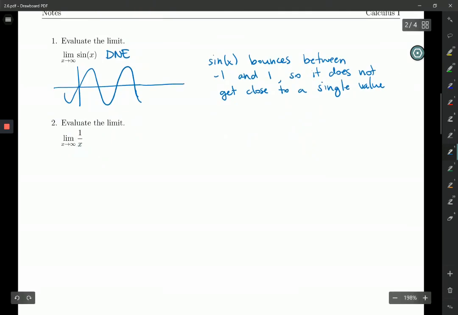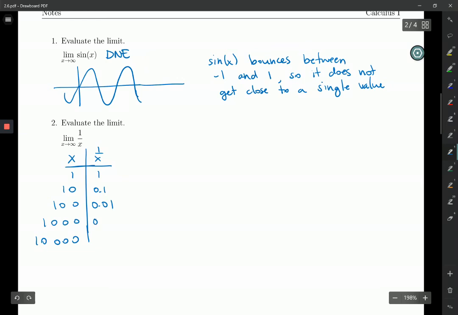Okay, here we have the limit as x goes to infinity of 1 over x. We could look at a table of values to get an idea of what's going on here. So let's take some values of x, like 1, 10, 100, 1,000, maybe 10,000. And then we want to evaluate 1 over x at those points. I'm going to write these as decimals to make it a little bit easier.